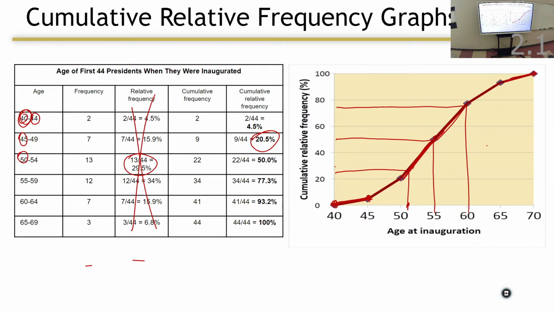So 14 somewhere in here. When I get to 30, I better be at 24%. There's 20, there's 30, so somewhere in here. And then you're going to connect those with line segments. Okay. Thank you. You're welcome. And so when you get to the end, you should be at 100%. Yep.